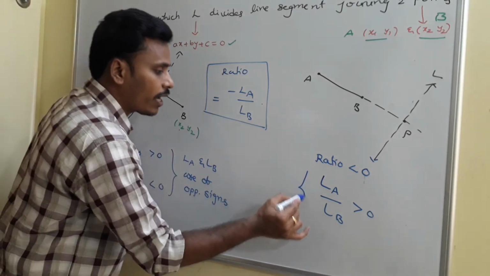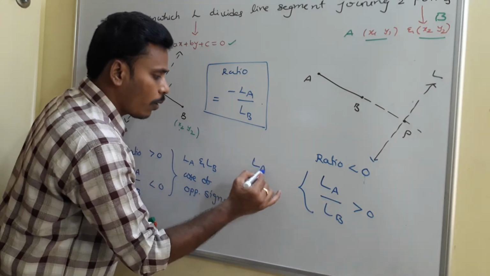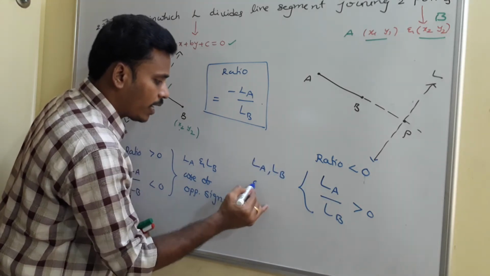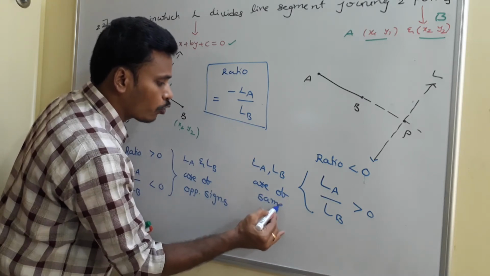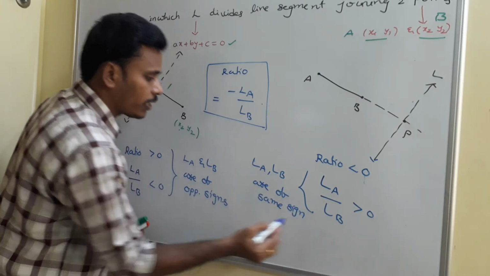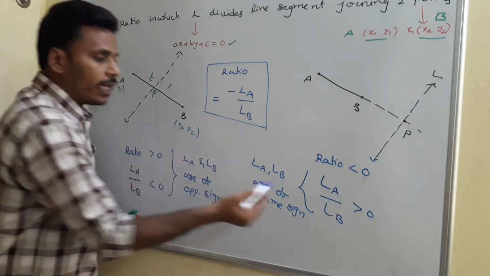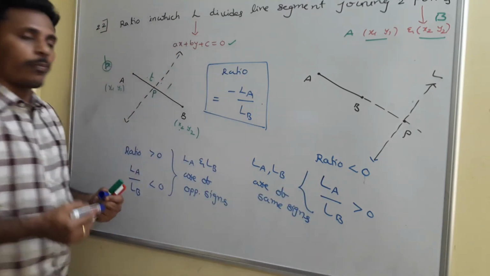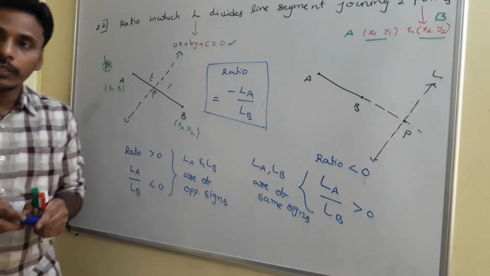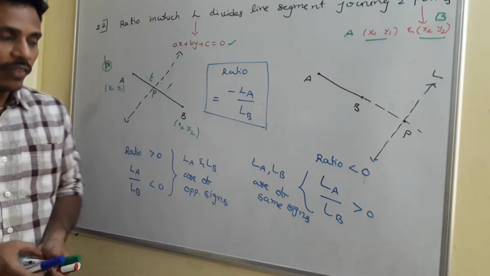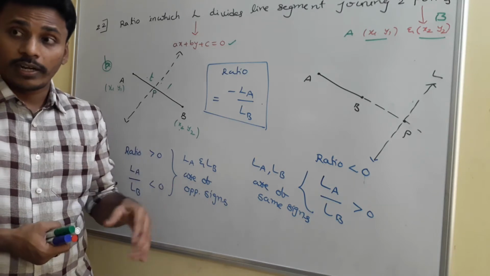And whenever LA by LB is positive, LA and LB are of the same signs. If LA and LB both are positive, then the ratio is positive. If LA and LB both are negative, negative by negative is positive.